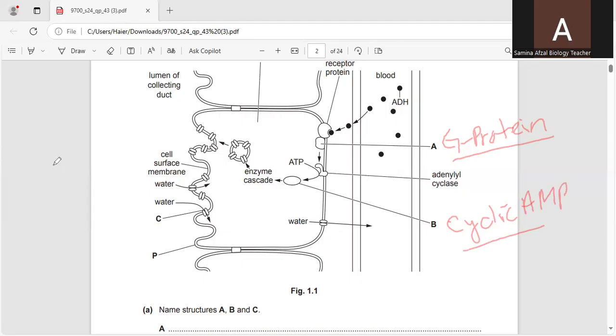It acts as a messenger within the cell, conveying signals from outside the cell to its interior. Now the next one, part C, is the aquaporins or water channels.